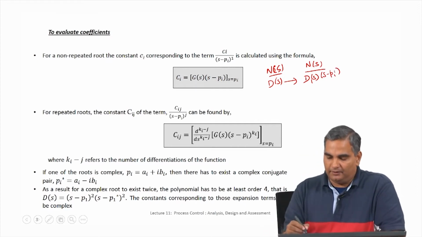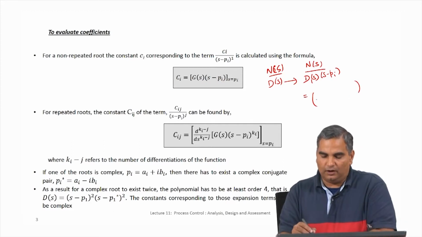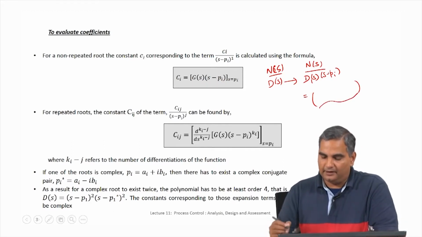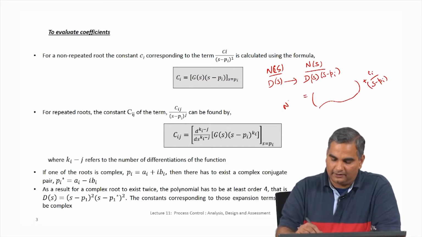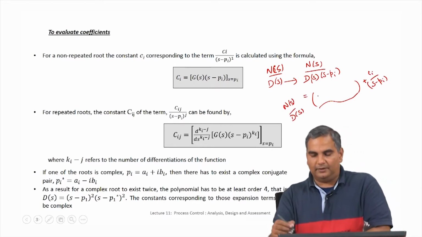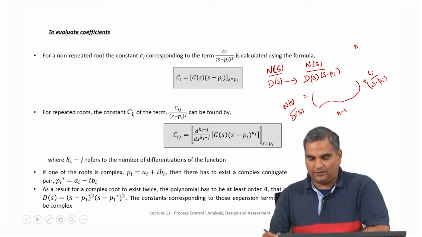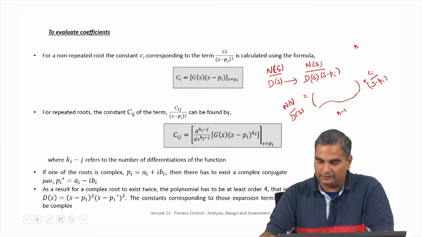Then remember, when you do the partial fractions, there will be several terms which will all be functions of the poles other than pi, and then I will have this term which is s minus pi, okay. So, this is my N(s) by D(s). We do not have to even expand this, I am just showing you that if the order of this polynomial is n, there will be n minus 1 terms here, whichever way they are organized depending on how many roots are repeated and not repeated in D1(s) and so on.